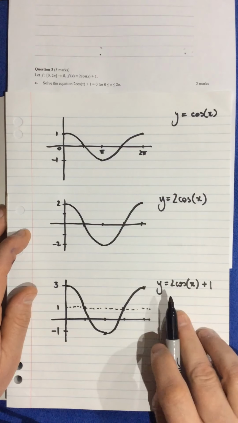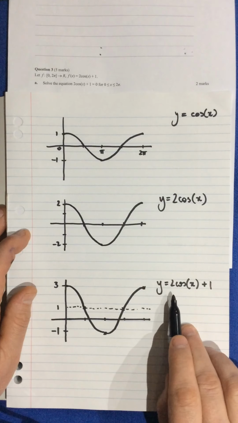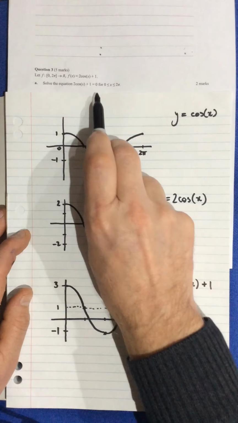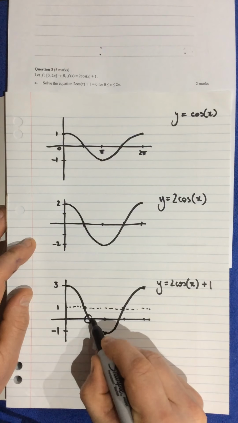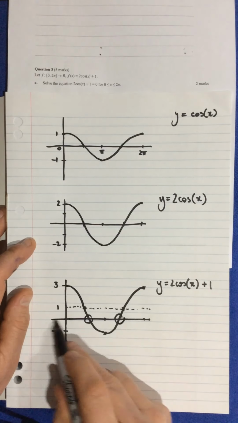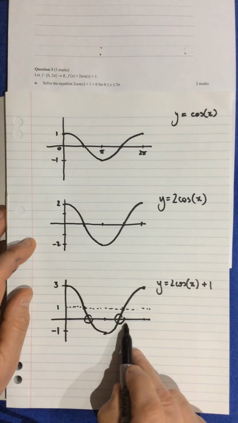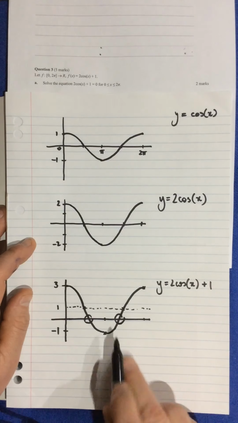We want to actually solve that in part A. We want to solve that function for the function equal to 0. So we can see where it's equal to 0. It's here and it's here. Right? It's equal to 0 at those 2 points. So basically we're looking for those 2 points.